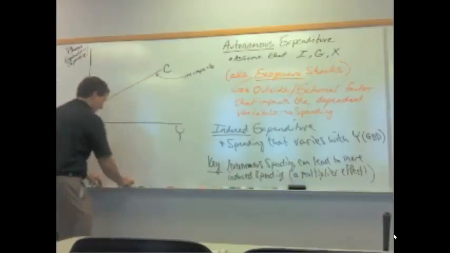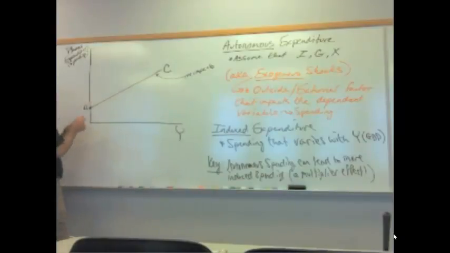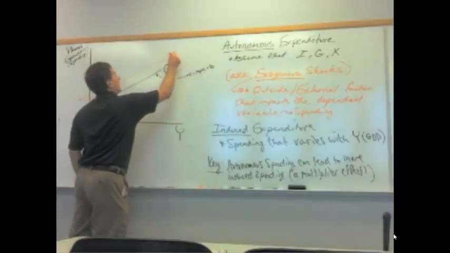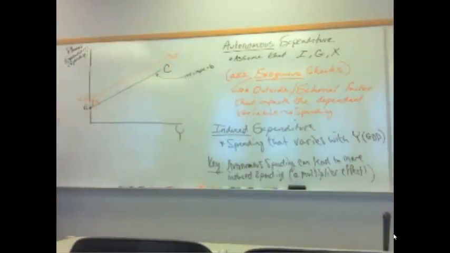So that's all we're doing to build the model. So once we get a little more sophisticated, if this ends up being an amount equal to a change of I, and so this is essentially A plus I now is this endpoint, and it's a parallel shift. This is now the C plus I line.